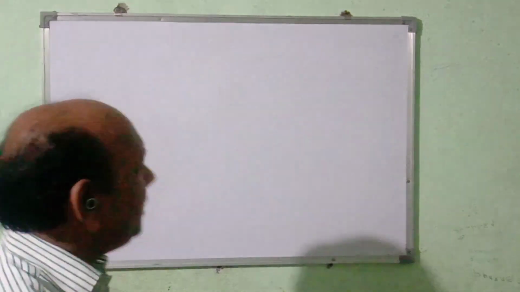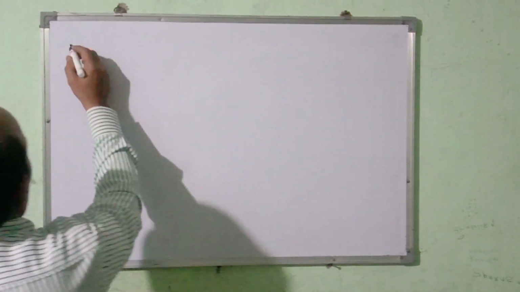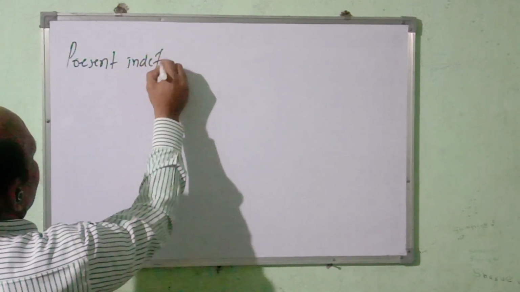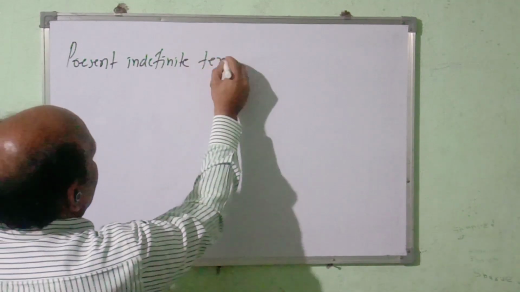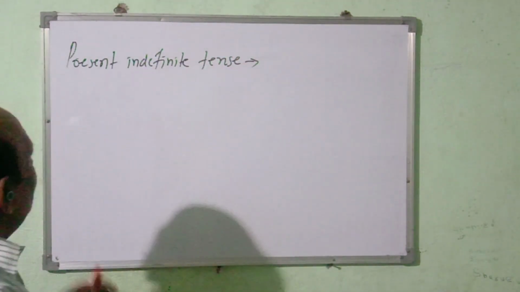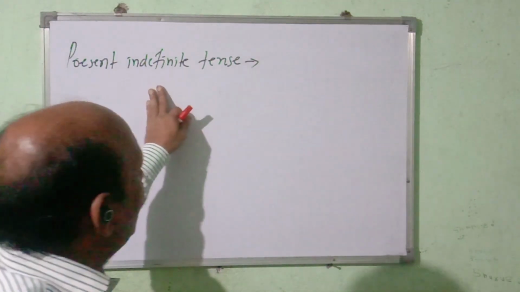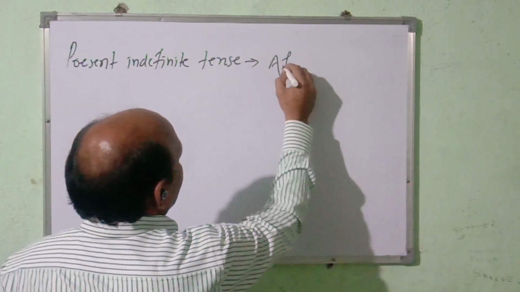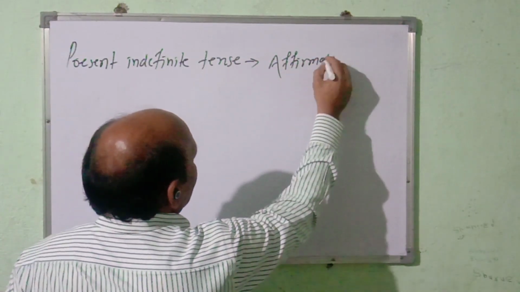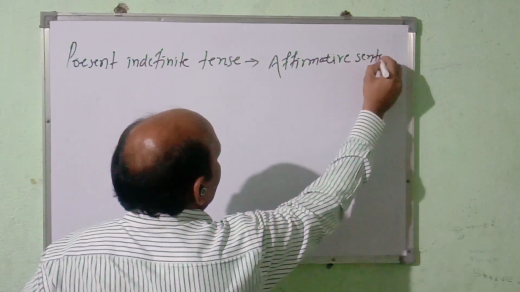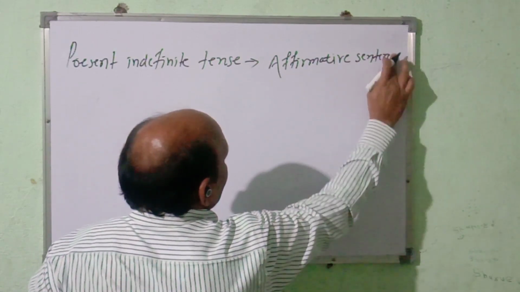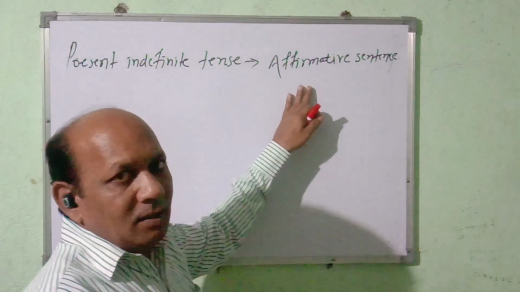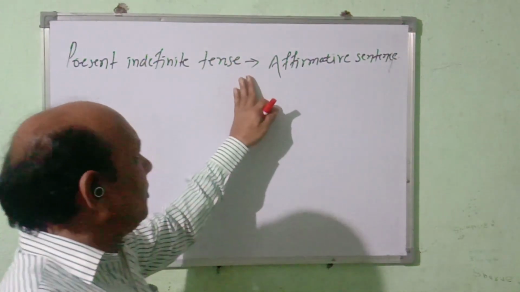So dear students, we are going with the present indefinite tense. Okay. What is that? When you are talking about the present indefinite tense, at that time you are talking about the affirmative sentence. Okay. So the affirmative sentence is further divided into two parts.